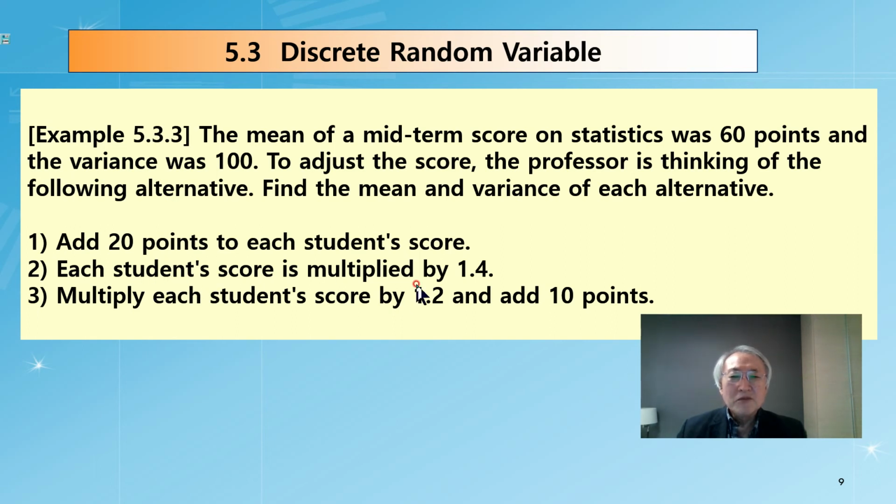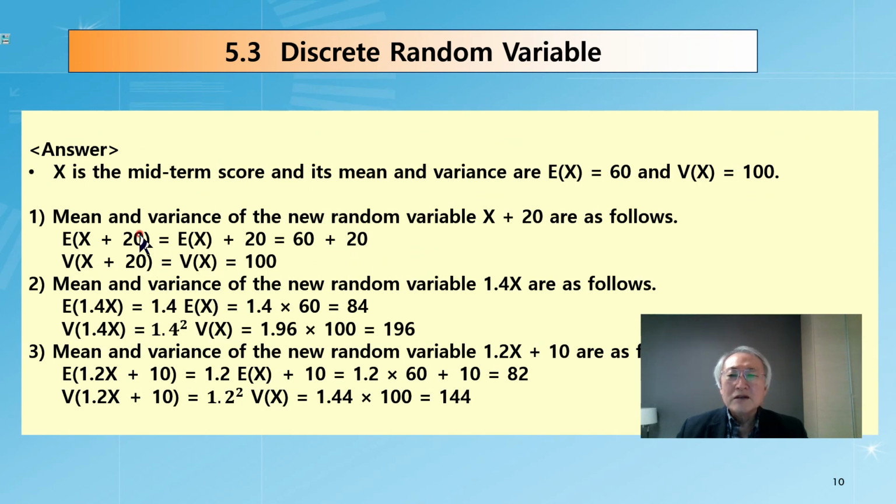How about if you multiply by 1.4? You have the original data. If you multiply by 1.4, then the data will become more spread out. Therefore, the expectation definitely changes, and the variance changes. How much? The first question is simple.